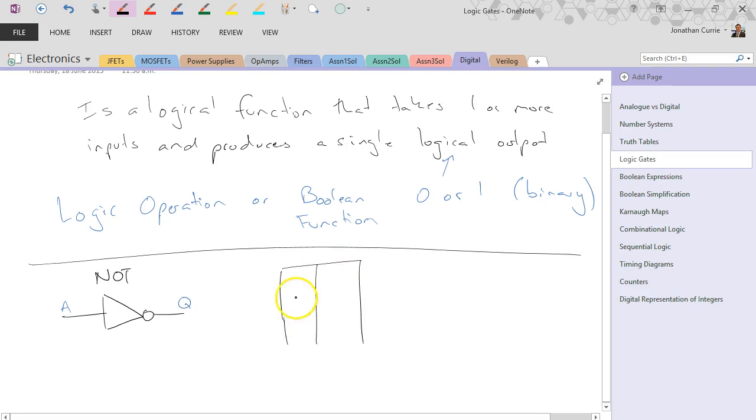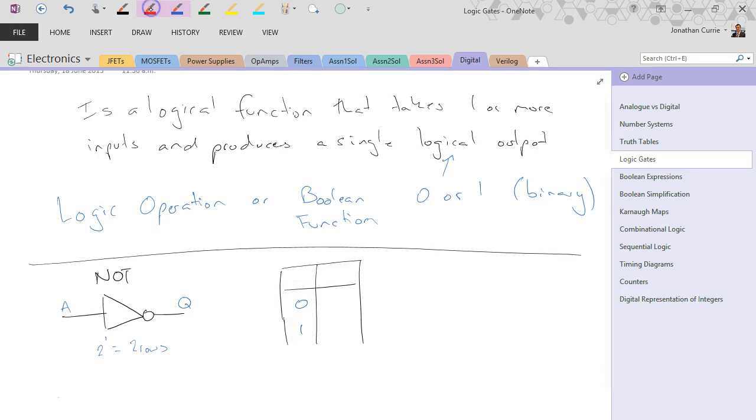Now, remembering the rule from the truth tables video, number of inputs, so 2 to the power of 1 equals 2 rows in our truth table. 0 and 1, A and Q. And a NOT gate basically states that if A is equal to 0, then Q is equal to not A, or in this case equal to 1. So it is simply the opposite.